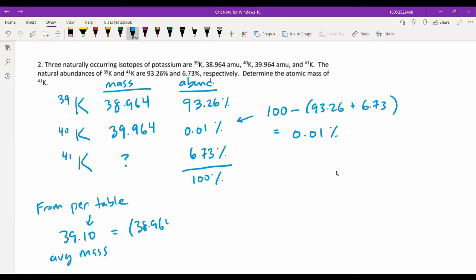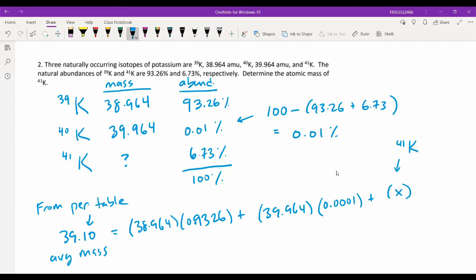We have mass of isotope 1. Here we're going to put it into its decimal form, 0.9326. And then we have 39.964. 0.01 divided by 100 is going to be 0.0001. Right, again, this is the percentage divided by 100. And then we'll have our last one, which will be X. That will be our mass of potassium 41. And we have 0.0673 for the abundance, again, percentage divided by 100.